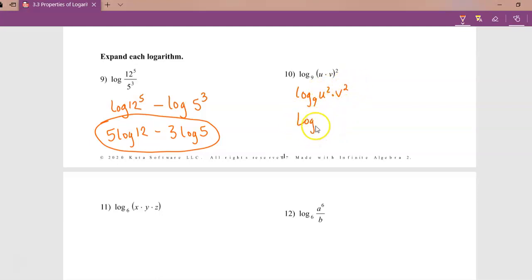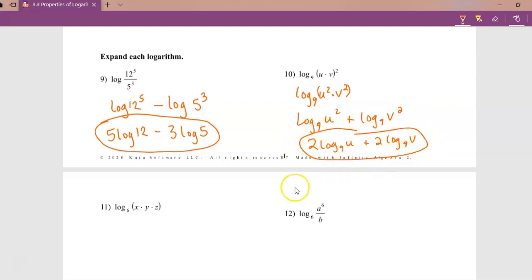So I can rewrite this as log base 9 u squared plus log base 9 v squared. Remember, anytime I'm multiplying on the inside of the log, I can expand that into 2 separate logs with a plus between them. And then those exponents can go out front. So 2 log base 9 u plus 2 log base 9 v. So that would be the fully expanded form.